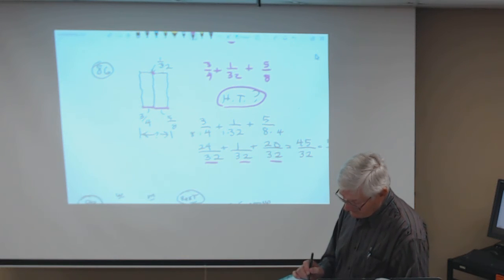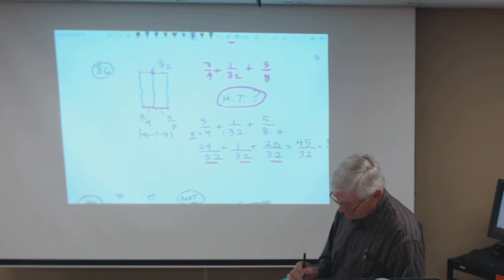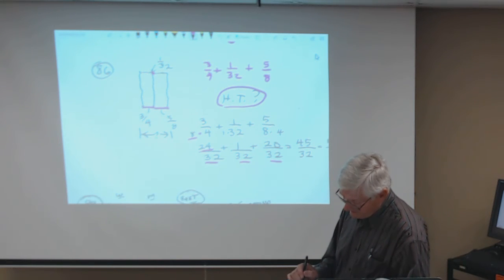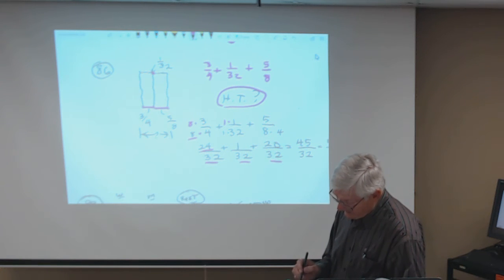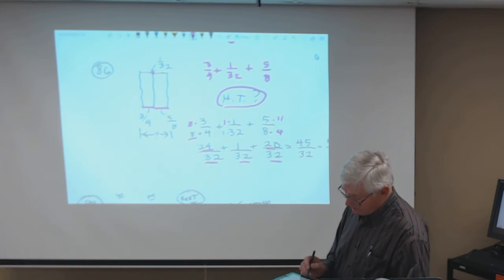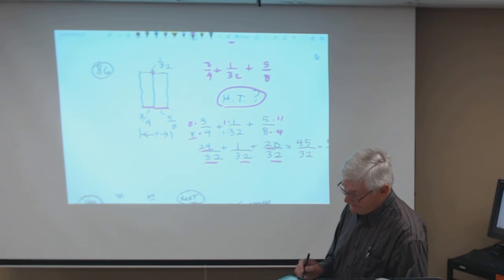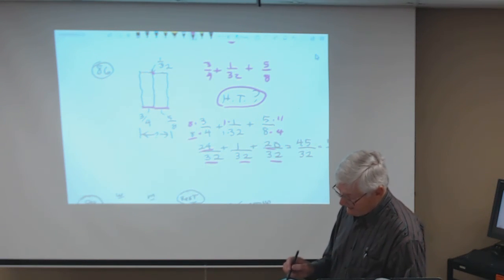So I take 4 times 8 and I get 24. And 1 times 1. And then 8 times 4. So I take 5 times 4 and I get 20. So I have 24 32nds plus 1 32nd, that's 25, plus 20, that's 45 over 32.